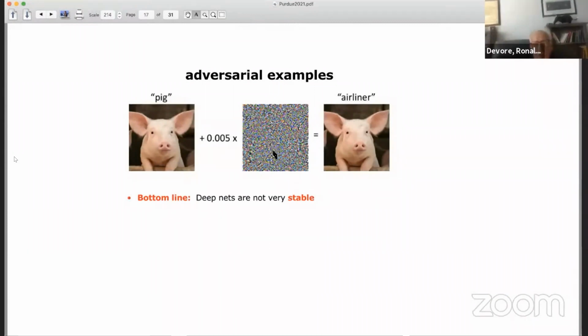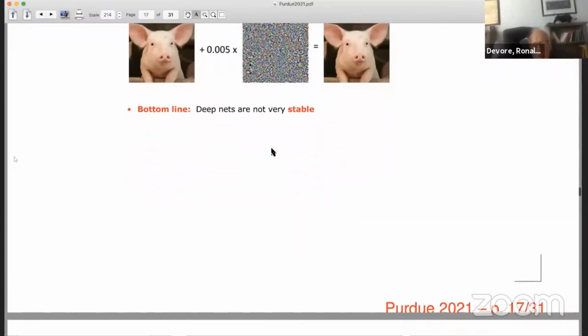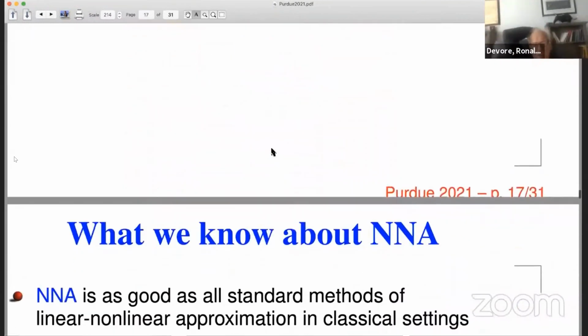What you find out is if you add a little bit of noise to this image, you get something that looks exactly like your original image, and yet it's classified incorrectly. So the algorithms are very unstable. This reflects the fact that the function Mn is, although it's Lipschitz, it has a very large Lipschitz constant. So instability is an issue.